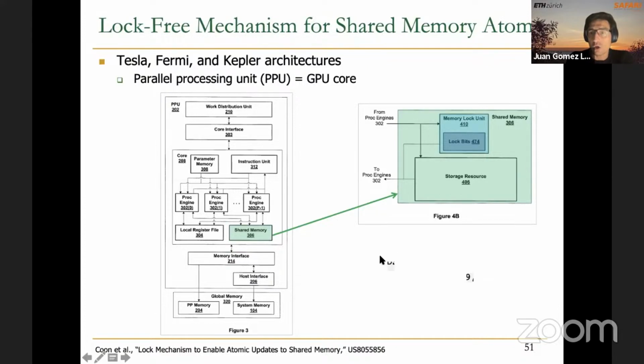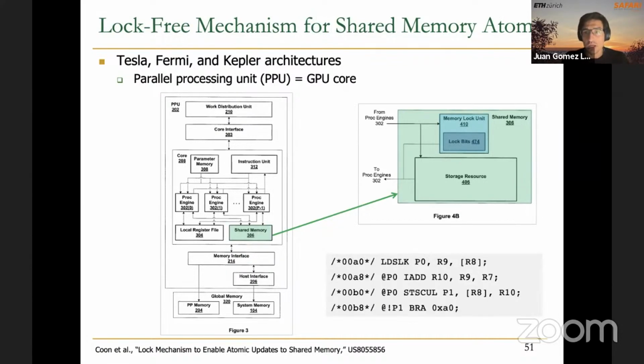The good thing of this load and lock instruction is that the access to the storage resource happens at the same time as the memory lock unit is operating and assigning the lock bit to one of the concurrent threads, right? So we are not really wasting cycles for using the lock bits. It's just the cycles that we need to access the data from the shared memory itself.